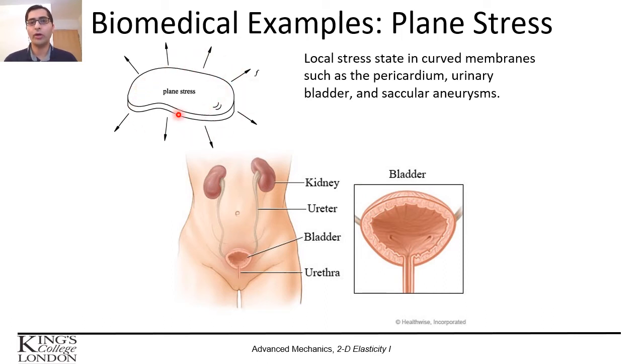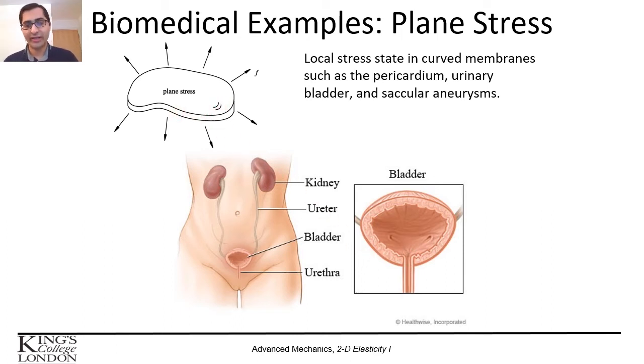And there is no extra force or pressure or stress perpendicular to that. Again, we can reduce this 3D geometry to a 2D plane stress case.